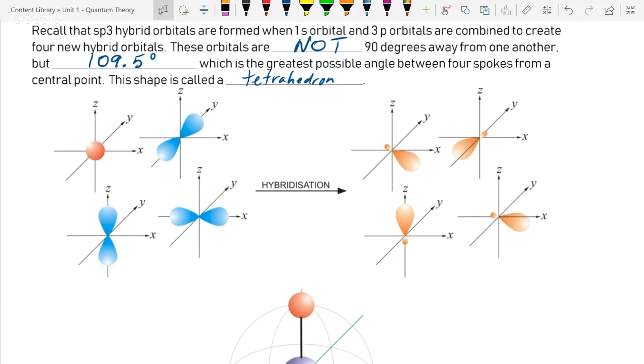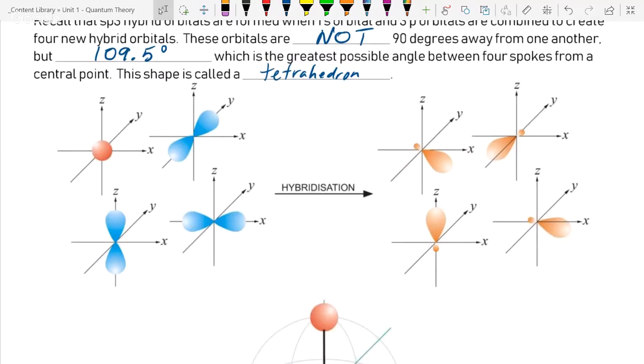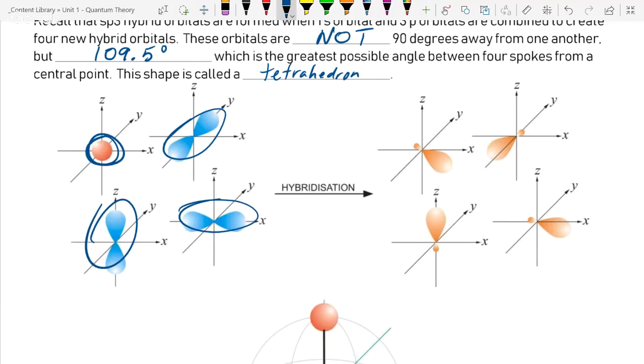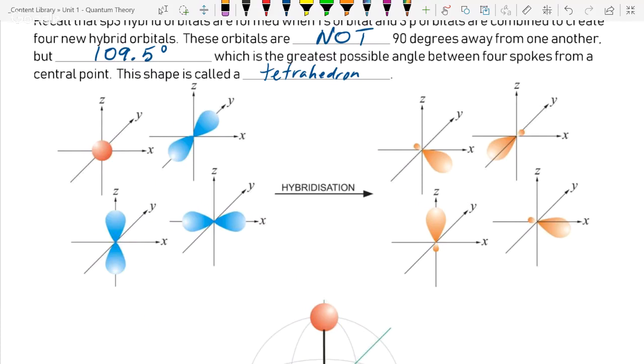So if you look, and I've given you these very nice diagrams from the textbook, here's what happens. We take an s orbital and the three p orbitals, and we combine them to make new bonding orbitals. And if you look, they are really focused on one side, which makes sense because the other atom is over here. Does that make sense?